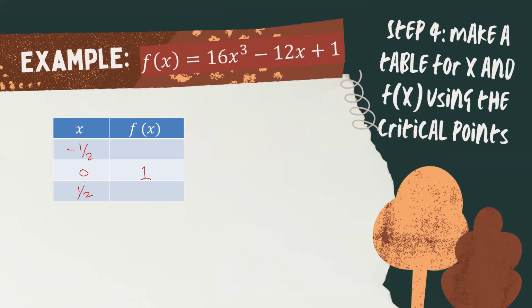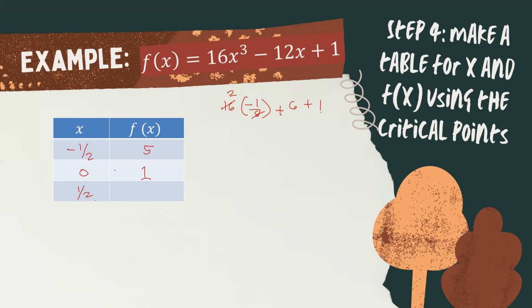Tapos, kapag negative 1/2, that will be 16 times negative 1/8 minus 12 times negative 1/2, that will be minus negative 6, so plus 6 plus 1. This will cancel out, so negative 2. That will be 7 minus 2, so this is 5.